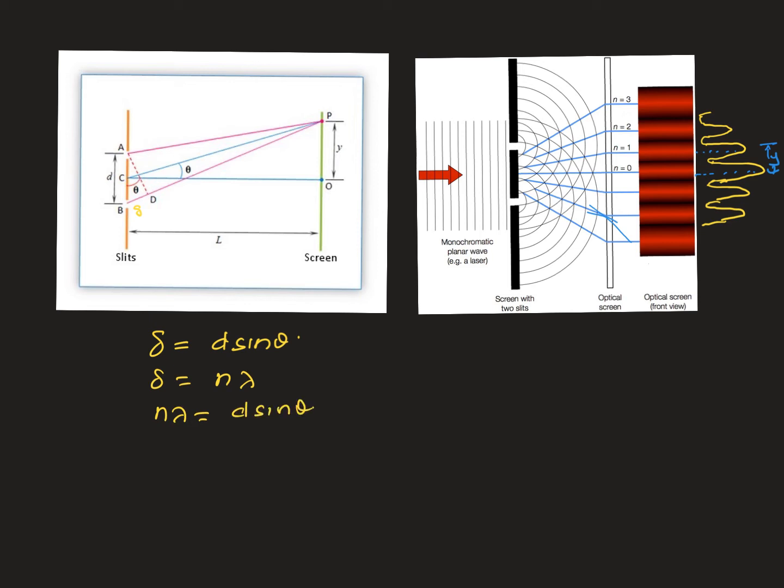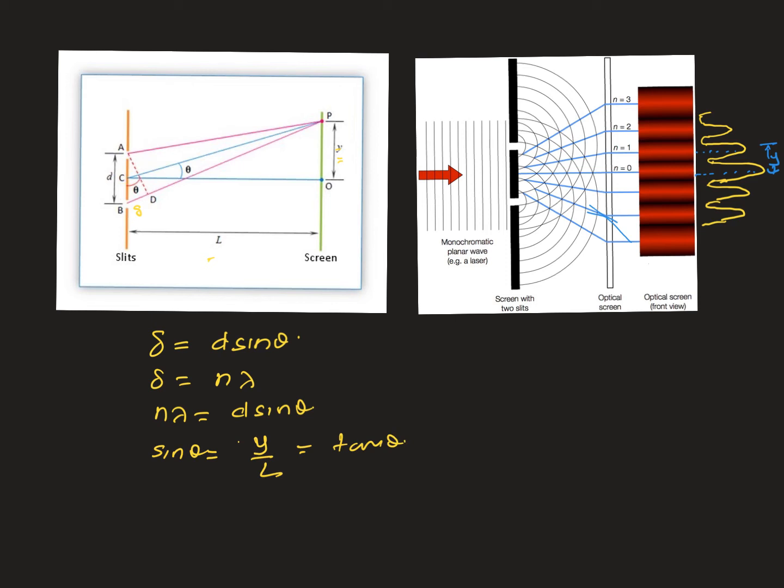Because this distance is long and this is quite small compared to it, we are going to make an assumption that sine theta is equal to y over L. That's y and that's L. That's also equal to tan theta actually.